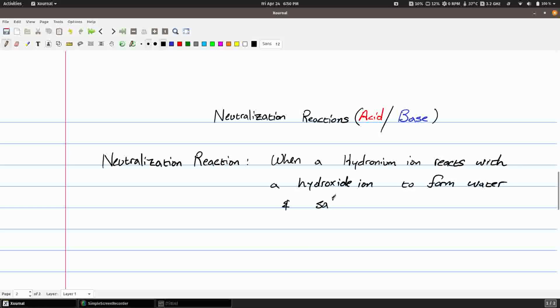And it doesn't have to be like table salt. Salts are just like a metal compound that reacts with something else. So I'm going to give you an example real quick.